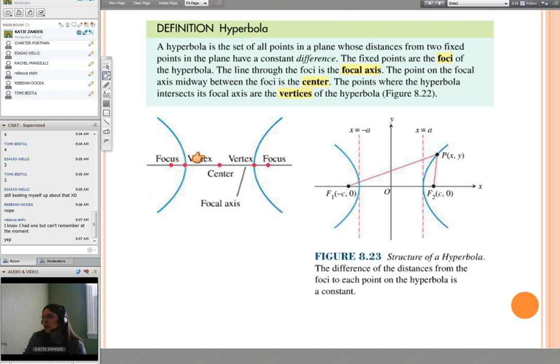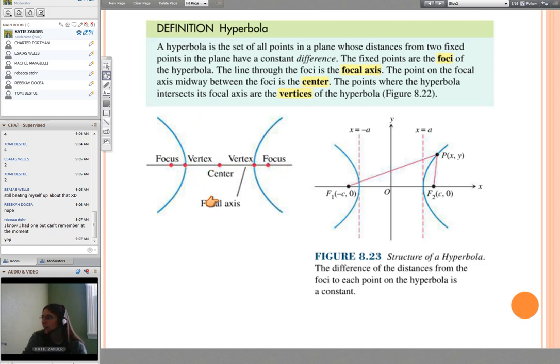So there are 2 high points or low points there. And the center is the part that's right between the 2 vertices and right between the 2 foci as well. So that center really means the middle of anything that you're looking at. The focal axis is what connects your vertices and the foci.